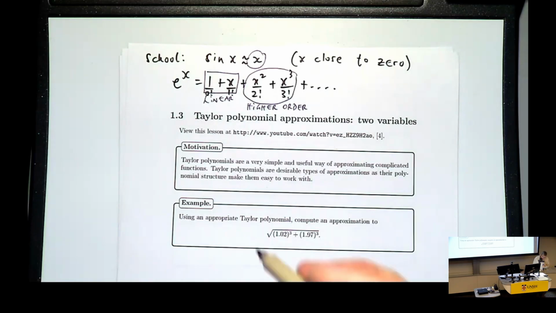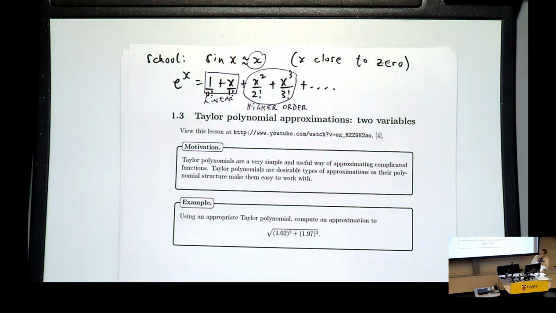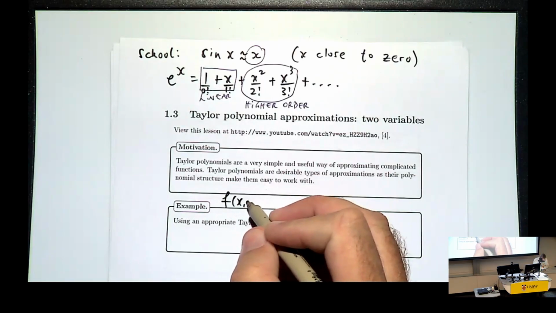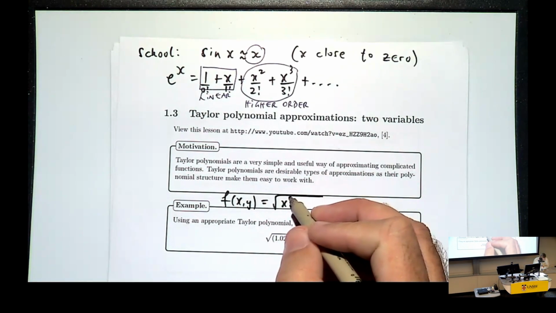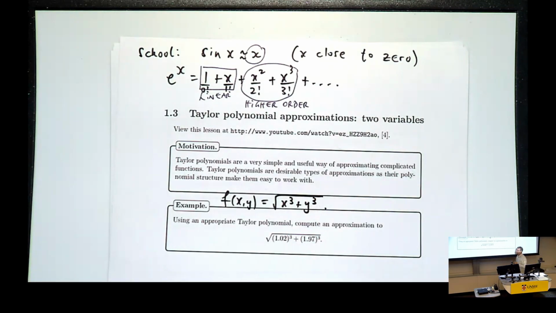All right. So the way I usually start these problems is I do the sense check, and then I form a function. And it's based on this, x cubed plus y cubed. Okay? And what I'm going to do there is say, okay, 1.02 is close to 1, 1.97 is close to 2.